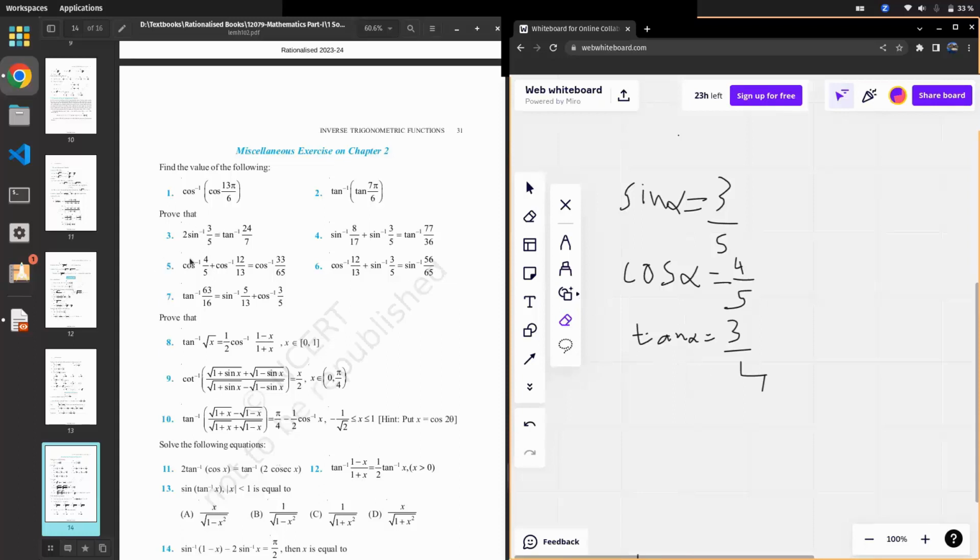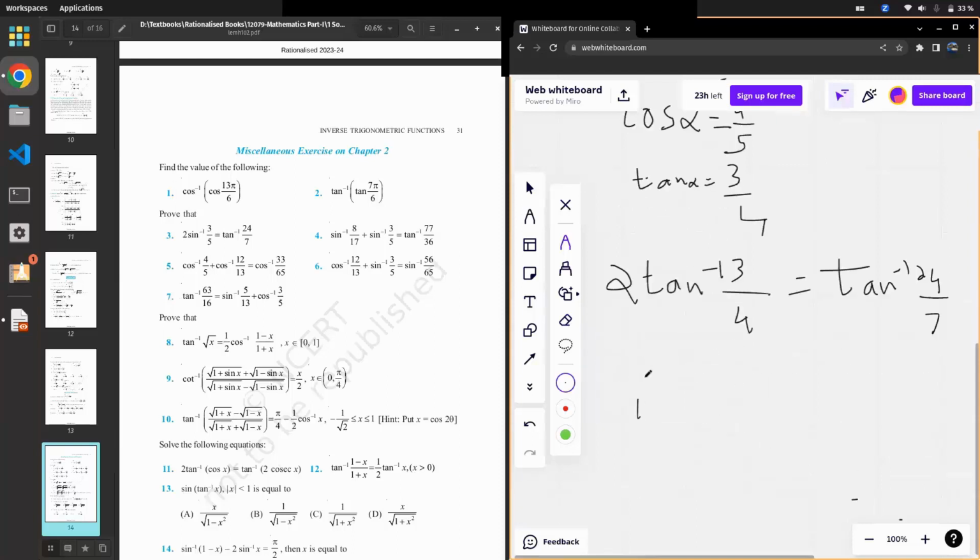So we can rewrite the statement as 2 tan inverse 3 by 4 is equal to tan inverse 24 by 7. We also know the formula: 2 tan inverse of x is equal to tan inverse of 2x by 1 minus x square. If we simplify the left hand side, we will get tan inverse of 2 into 3 by 4 divided by 1 minus 3 by 4 whole square.